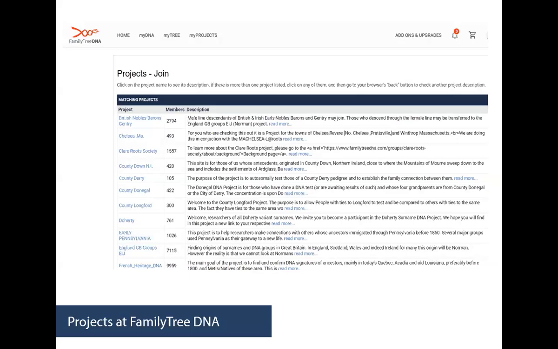So that's why I have the Doherty group. I have different groups from Ireland, and even other places like Chelsea, Massachusetts. They even have apparently some Dohertys that had joined. So they give you some suggestions of groups that you may be interested in, and you can also search their list for other groups that you may be interested in to join these one-name or one-place studies.